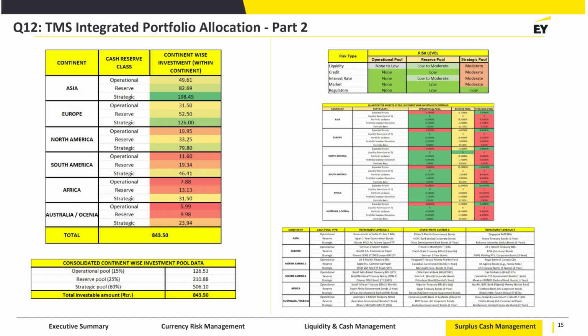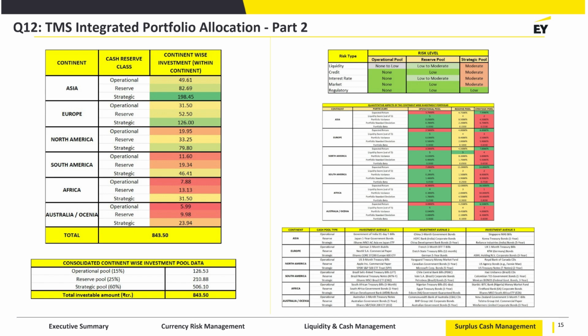For example, if you take a look at the left hand side top table, within the continent of Asia, the 49.61 crore operational reserve, the 82.69 crore reserve pool, and the 198.45 crore strategic pool all have to be invested within the continent of Asia, as these values have been adjusted for the minimum domestic requirements as well as the maximum foreign investment allowances.